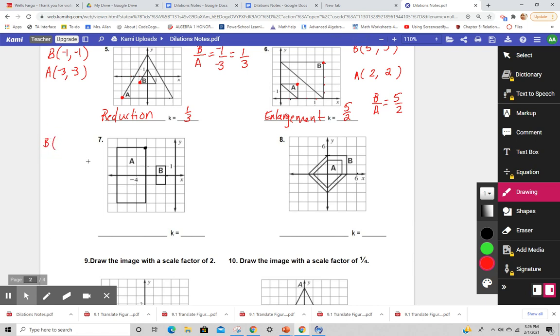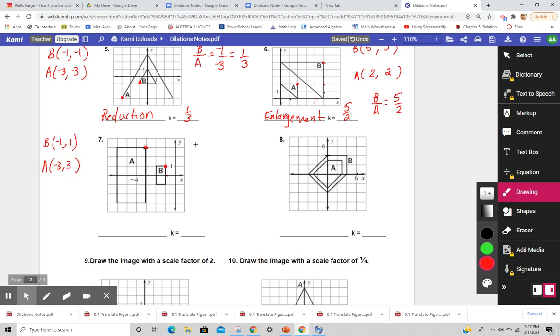We're going to take this point here and this point here. These are two corresponding points because they are in the same location on the image and the pre-image. B is located at -1, up 1. And A is located at -3, up 3.